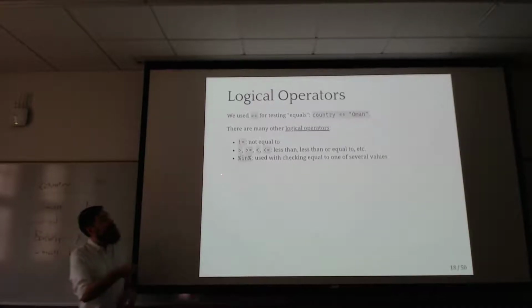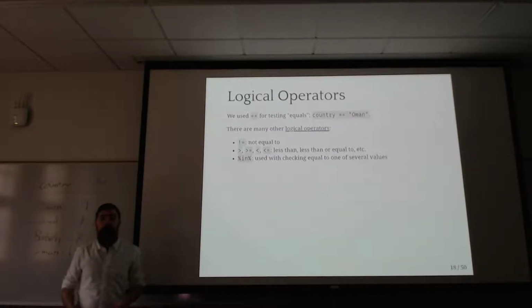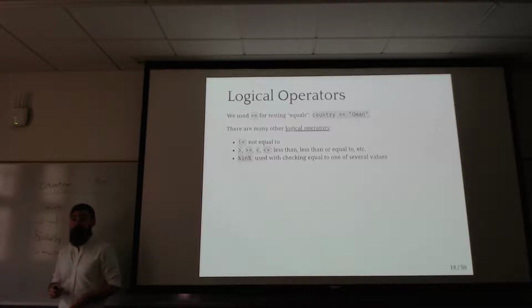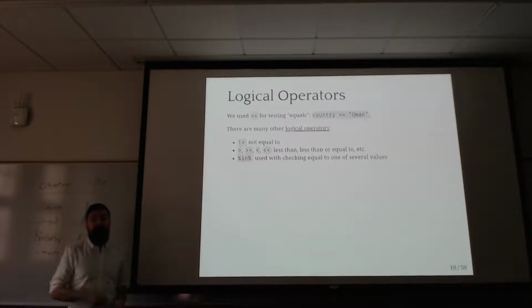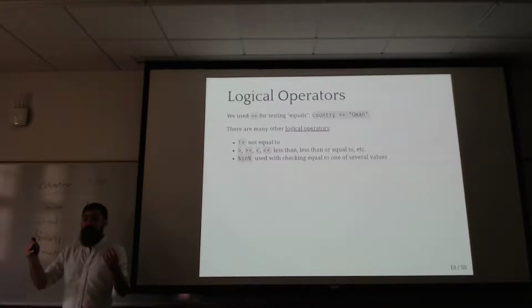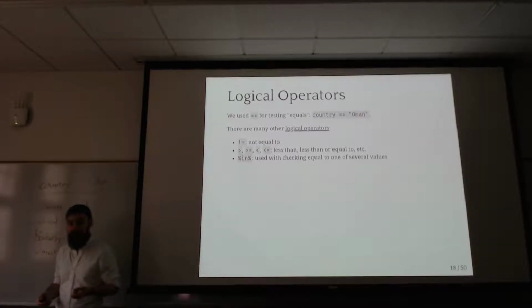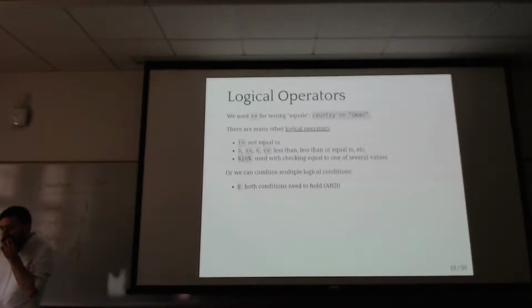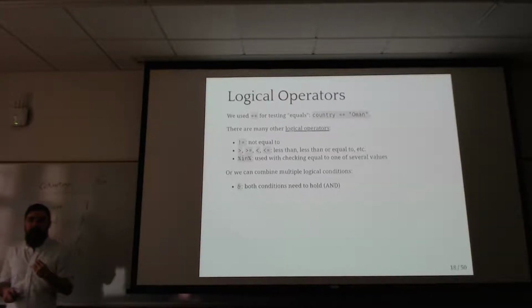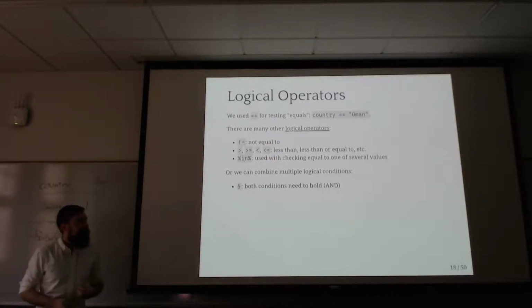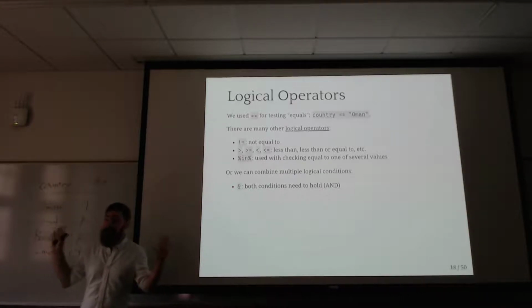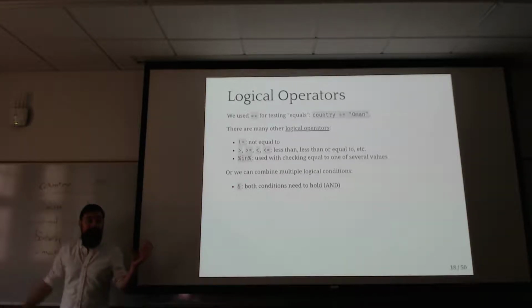There is %in%, which is used for checking equalities against multiple things at the same time. This is equivalent to saying equals something or something else inclusively. I'll use it in a minute to clarify that. We can also combine multiple logical conditions at the same time. And requires 2 conditions to hold at once, or more if you keep adding more ands.